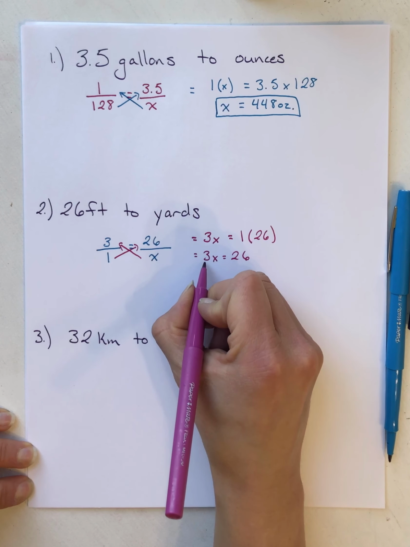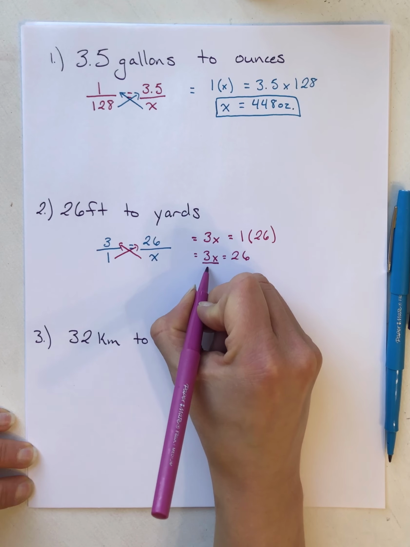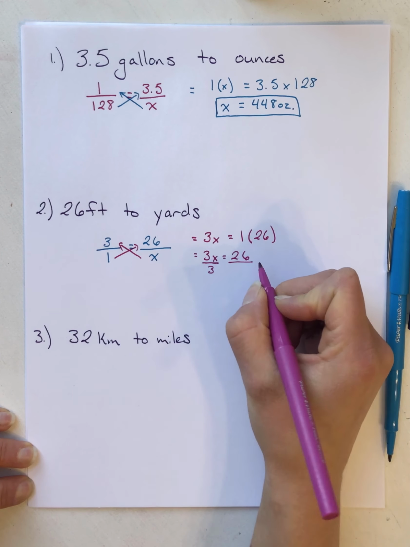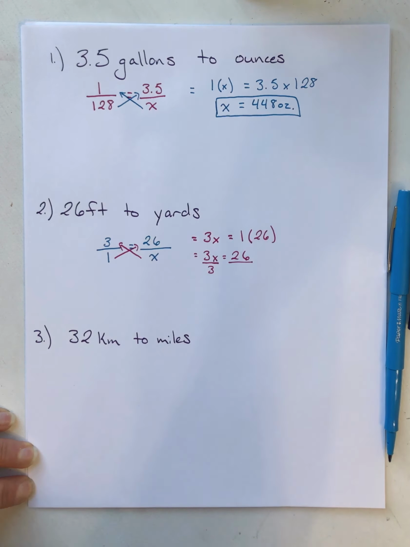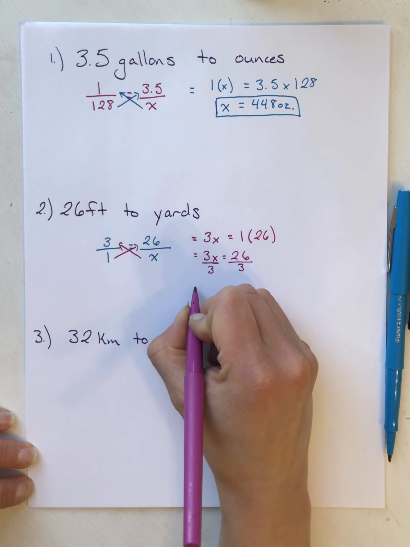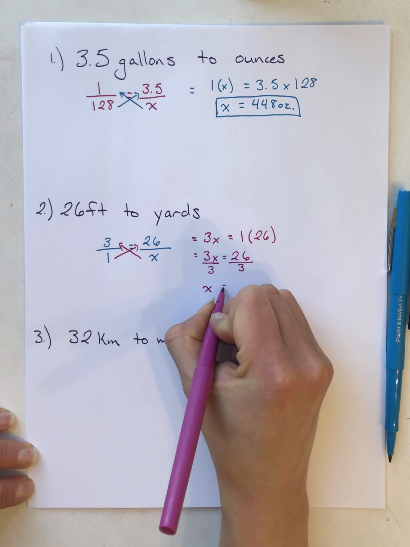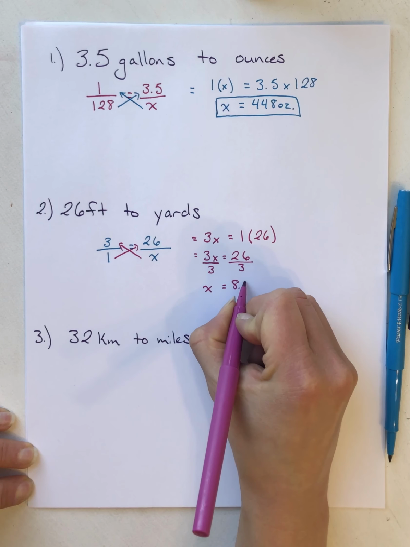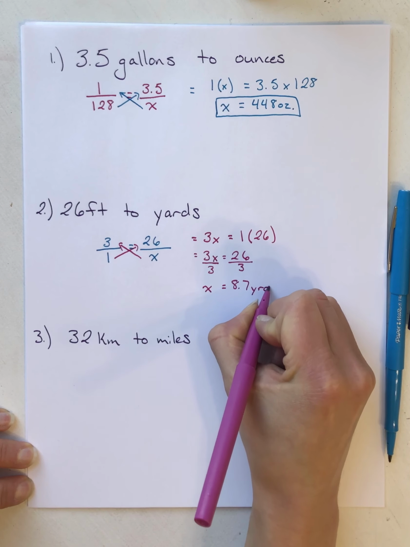Since it's being multiplied here, I'm going to divide it by 3. And then I'm going to divide this side by 3 because whatever we do to one side, we also have to do to the other. So I'm going to do 26 divided by 3. Then I get x equals 8.7 yards.